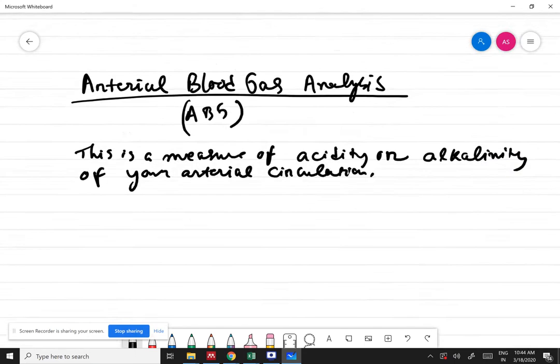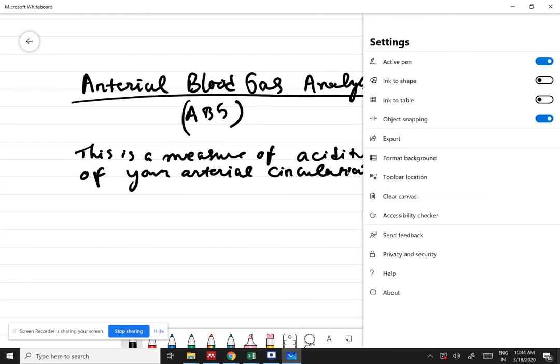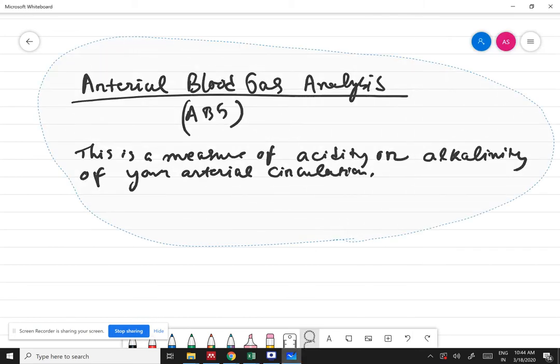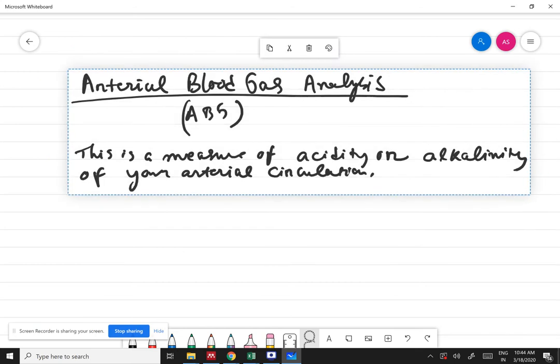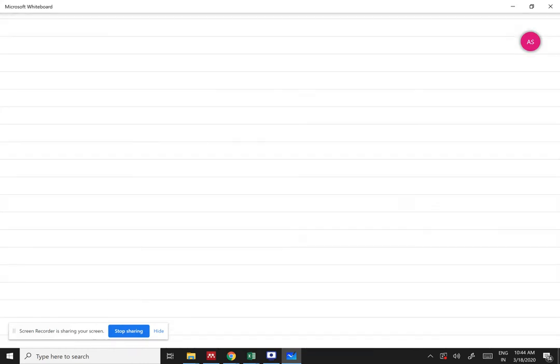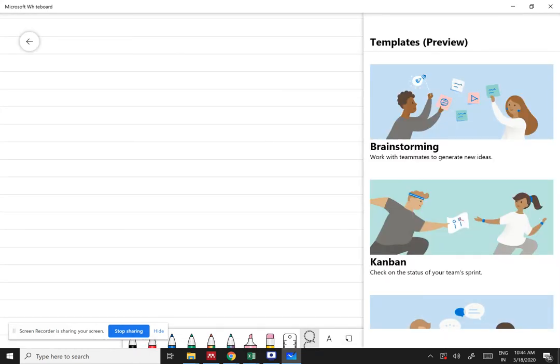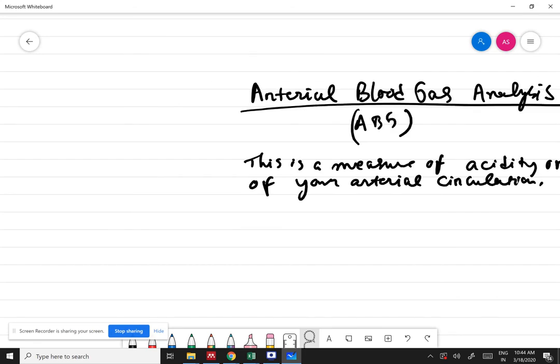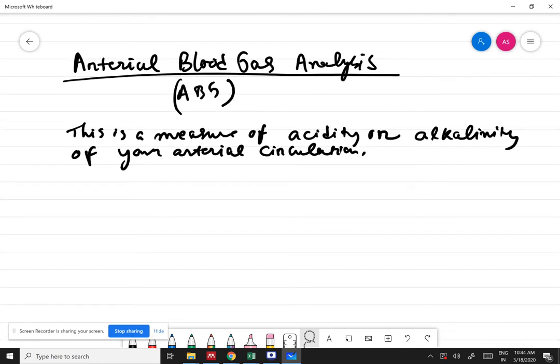First one is, maybe I'll have to move to another sheet, because this sheet has already been used for something else. Okay, so arterial blood gas analysis.